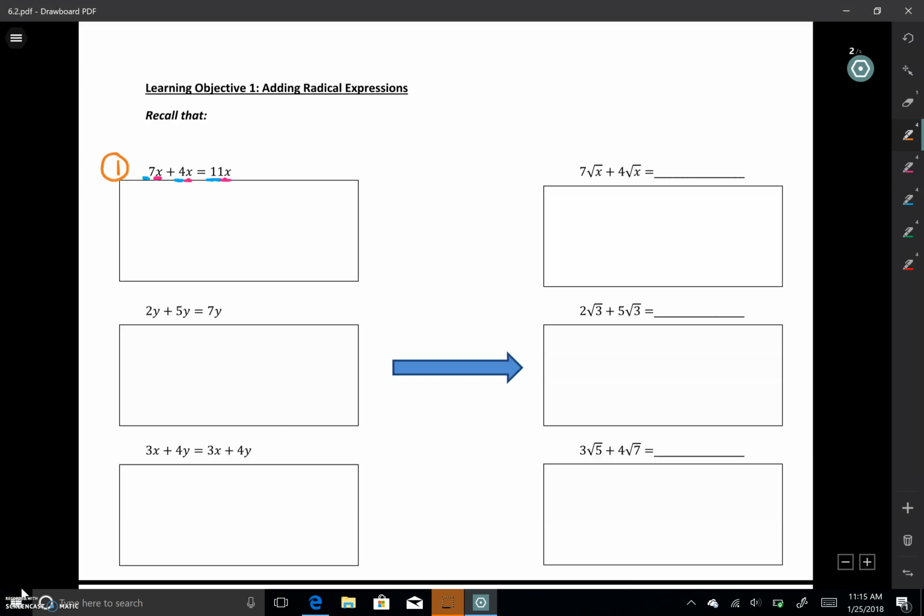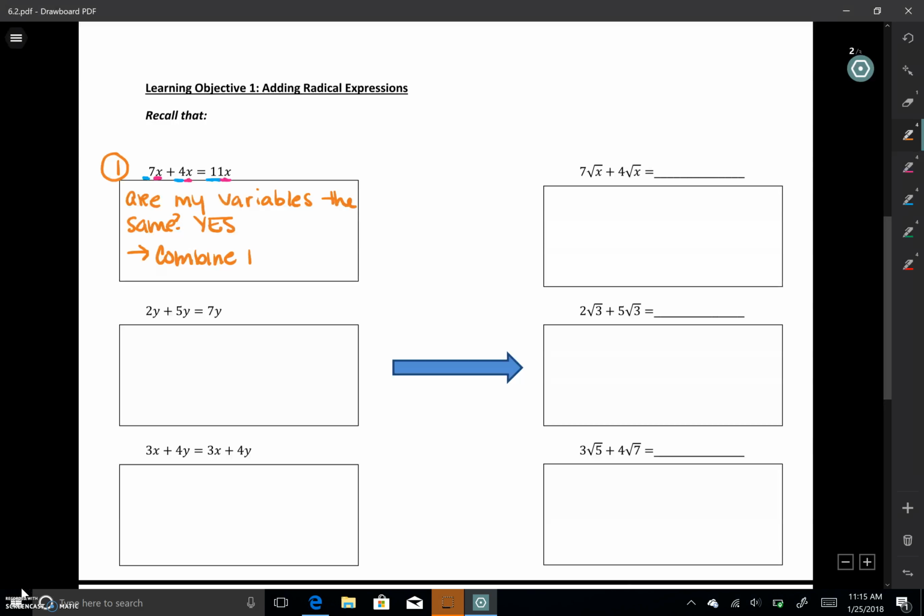So big takeaways here: are my variables the same? And because my answer is yes, I know that means I can combine like terms. If I look at my second example here, I'm kind of in the same boat. I have 2y plus 5y.